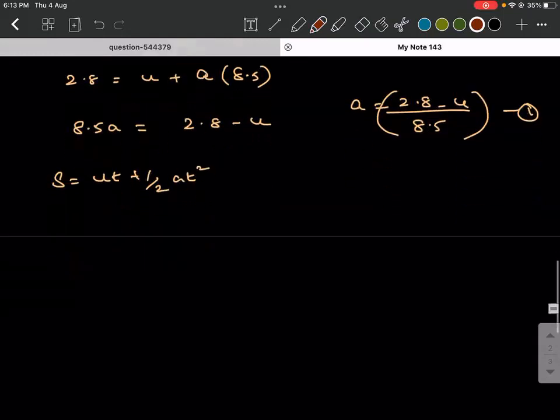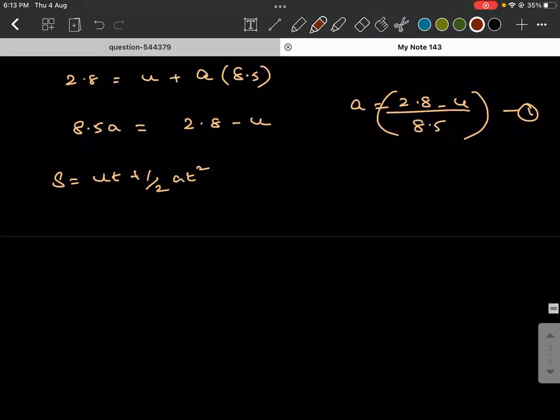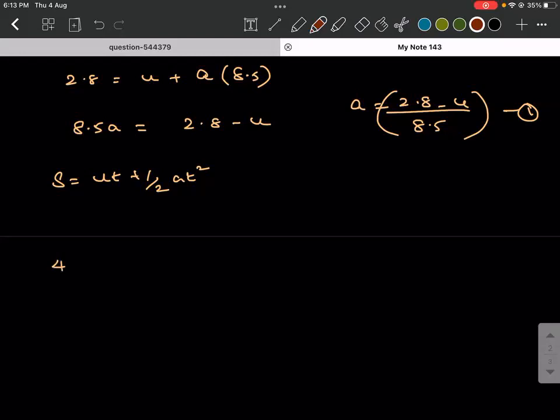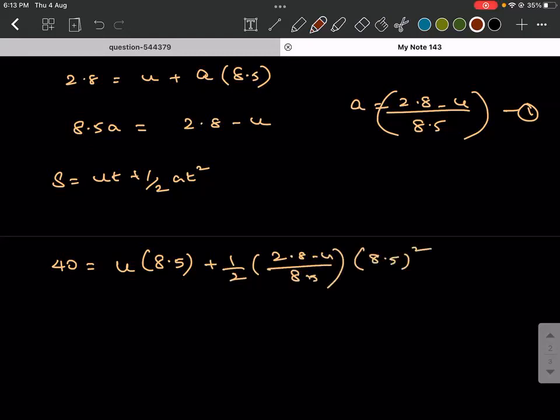Now listen to this. S is equal to UT plus half AT square. 40 is equal to U, which you need to find, into 8.5 seconds, plus half into acceleration, which is (2.8 minus U) divided by 8.5, into t square, that is 8.5 square, and this will get cancelled.